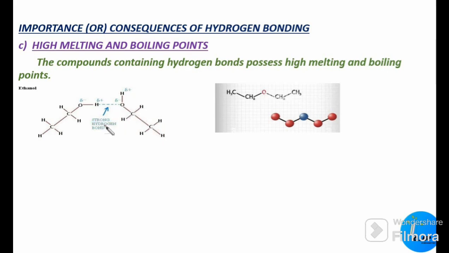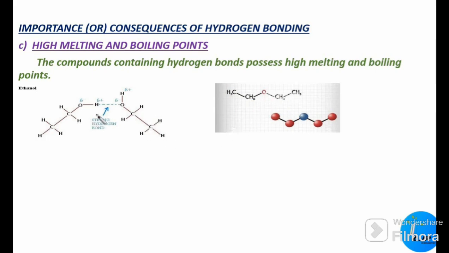This ethyl alcohol has a higher boiling point compared to diethyl ether. The reason is that in ethyl alcohol we have hydrogen bonding, whereas diethyl ether doesn't have hydrogen bonding.